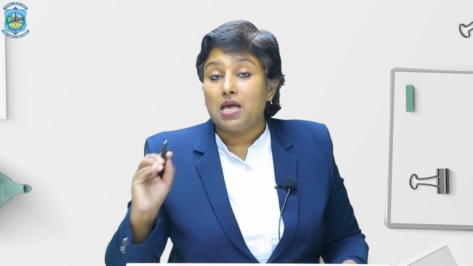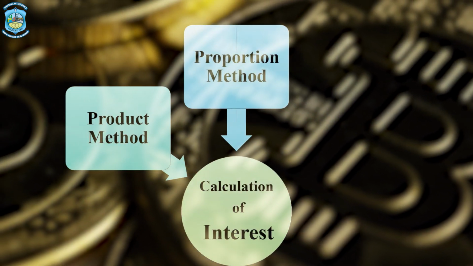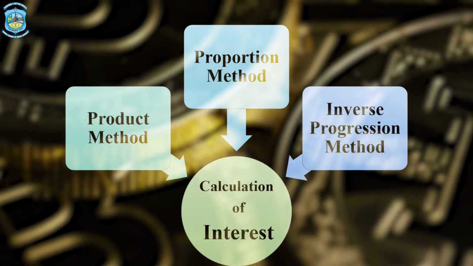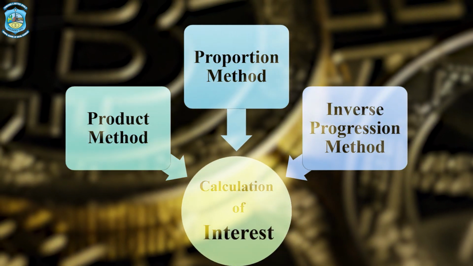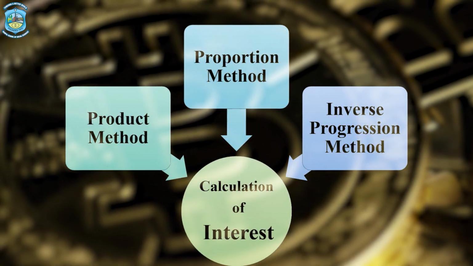Well, my dear children, there are 3 methods available to you: product method, proportion method and inverse progression method. These 3 methods would be applied when the rate of interest is missing. But there is a very simple logic to apply these 3 methods, that is how the question is given to you and how you are going to apply one of these 3 methods.